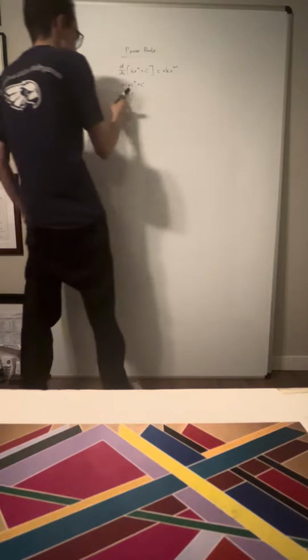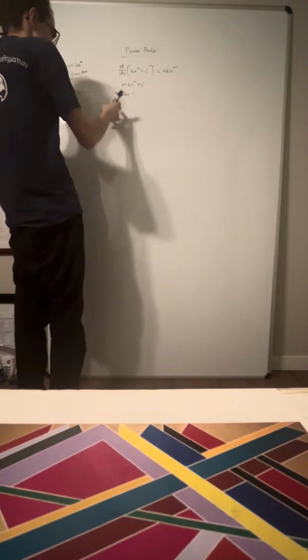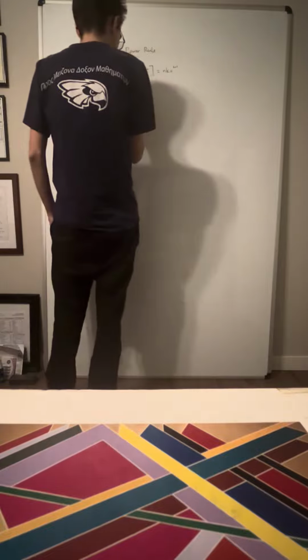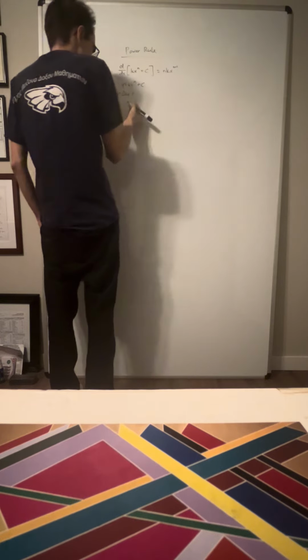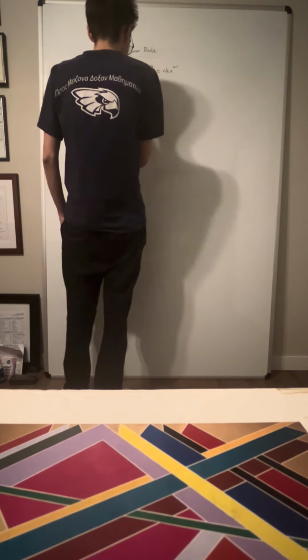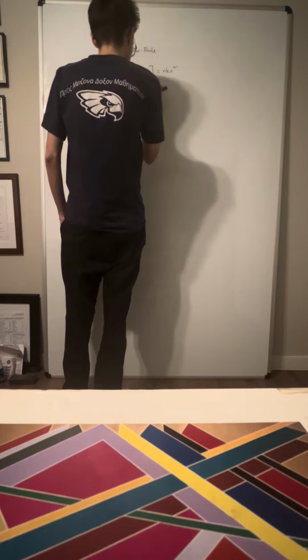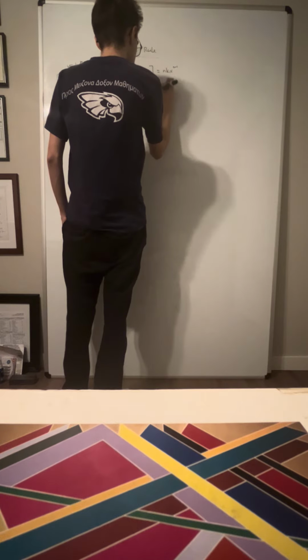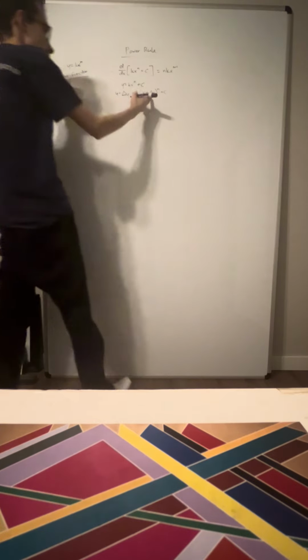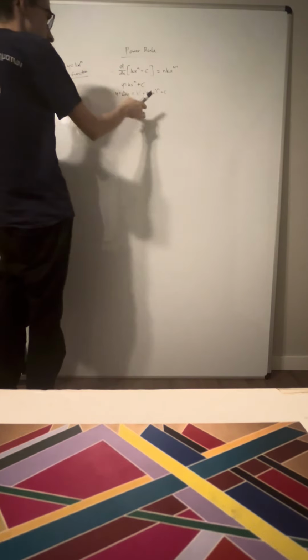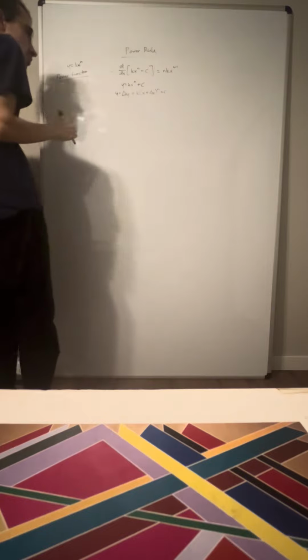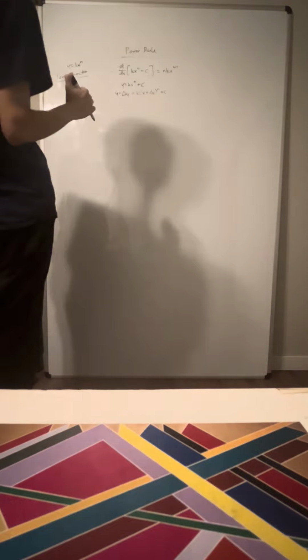So you're going to be seeing this notation a lot. So we're just going to add the delta pieces in here. So now we're going to have k times x plus delta x to the n plus c, because we're taking both y and x and they're going to change an infinitesimal amount.